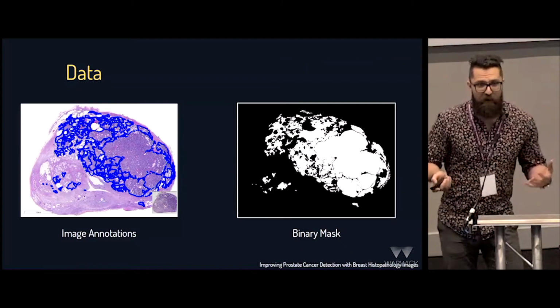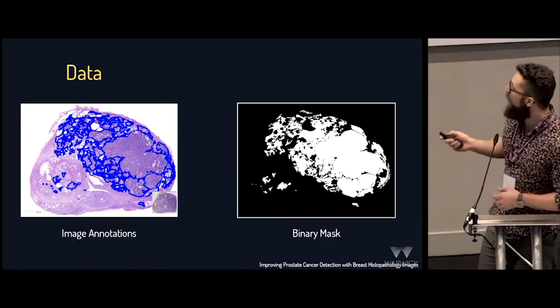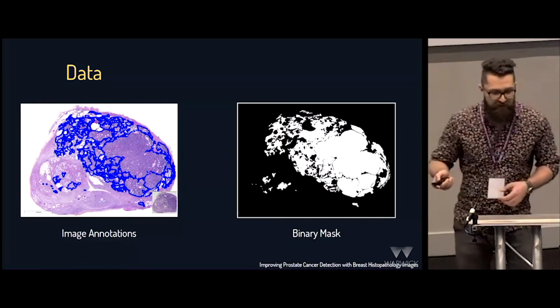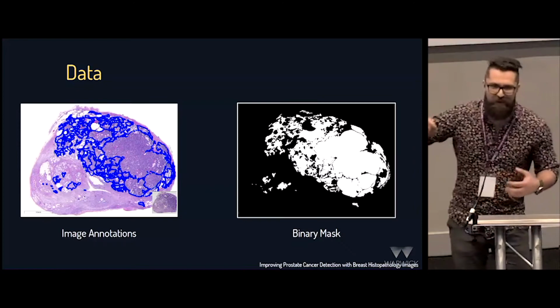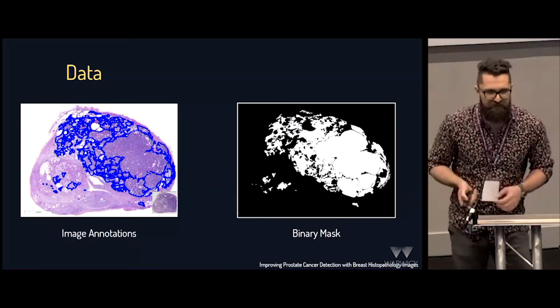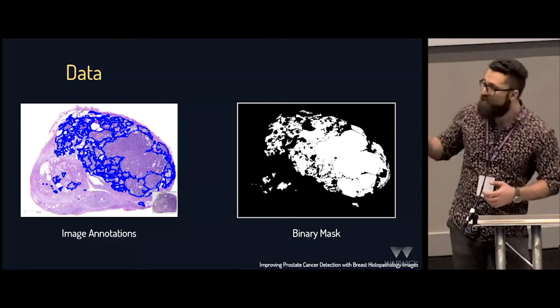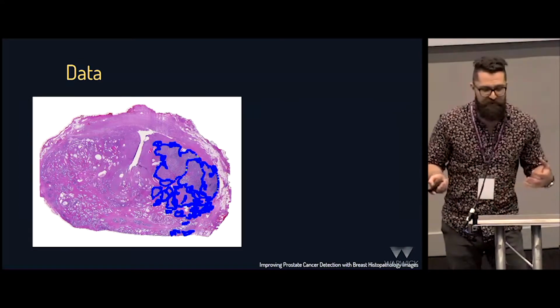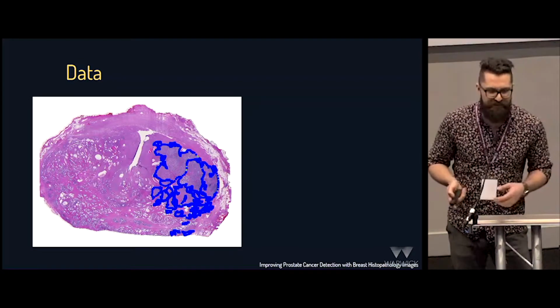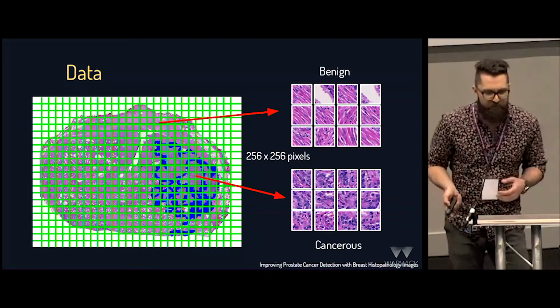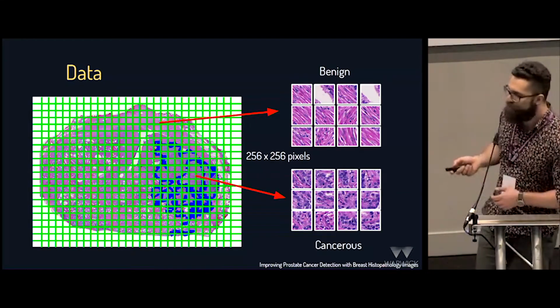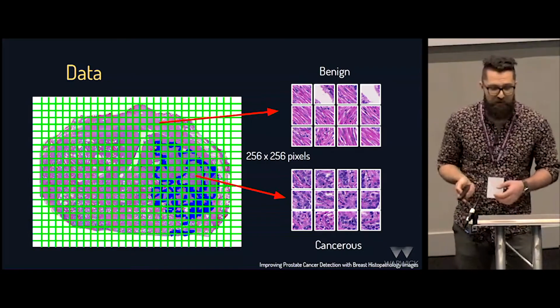We have our pathologists' annotations, which are pixel-level annotations with polygon markings. So we can create a binary mask and turn this problem, as done in a standard way, into a binary classification problem of small tiles. We can sample benign and cancerous regions out of this.